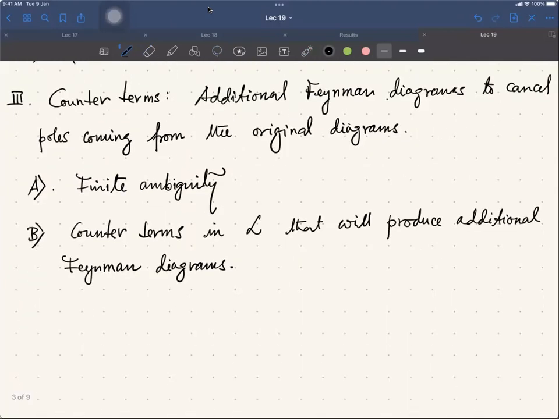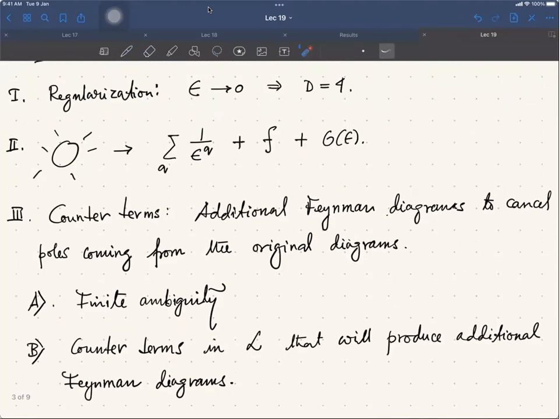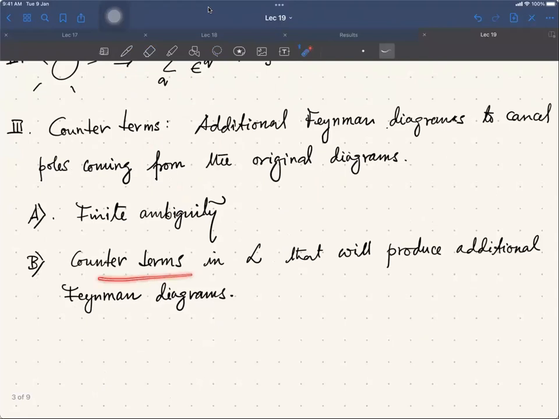What we will do next is to go into the systematics of figuring out, order by order in the coupling lambda, in lambda phi-fourth theory, these additional Feynman diagrams and the corresponding counter terms in the Lagrangian, and demonstrate how order by order these divergences can be absorbed within these counter terms.